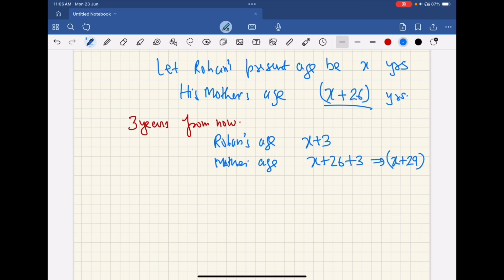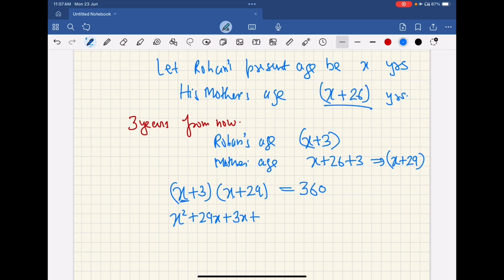Now we look at the question and it says the product of their ages 3 years from now will be 360. So now we have their ages after 3 years, and we have to take their product. So x plus 3 times x plus 29 is equal to 360. Now let us simplify. x into x, x square. x into 29 is 29x. 3 times x is 3x and 3 times 29 is 87. 360 comes to this side, becomes minus 360, which is equal to 0.